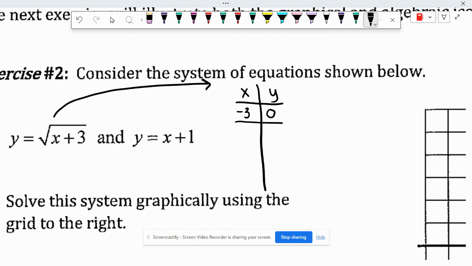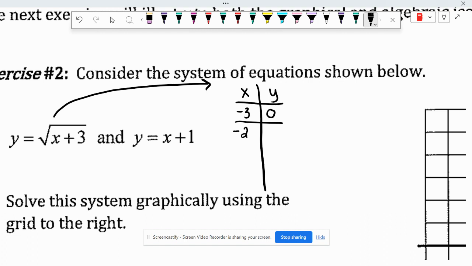If I were to let x equal negative 4, just hear me out for a second, I would say that y equals the square root of negative 1. Can we graph that? No, we don't know how to graph imaginary numbers. We don't do that. So that's why your domain values have to be greater than or equal to negative 3.